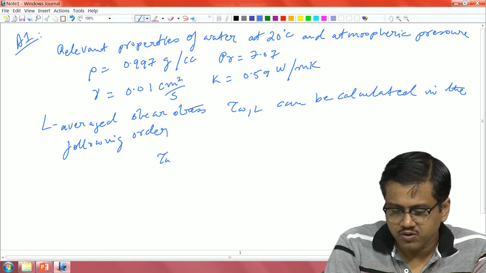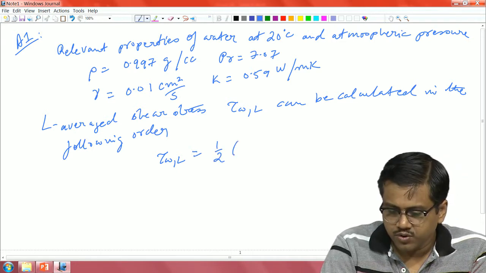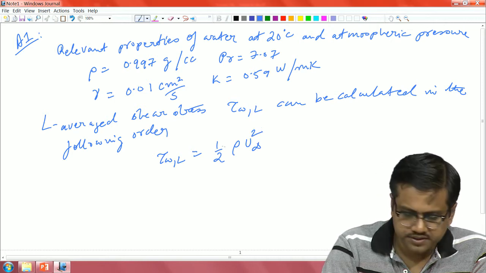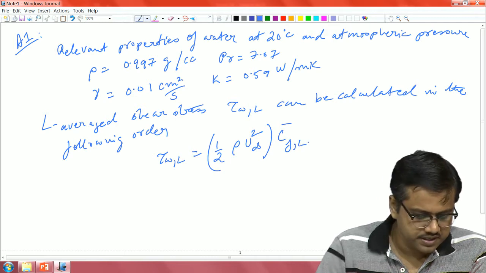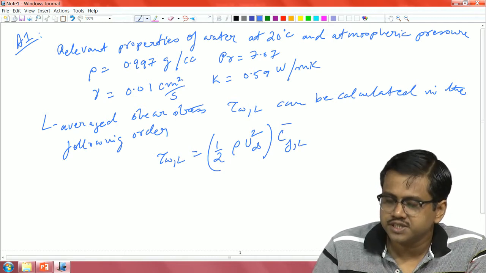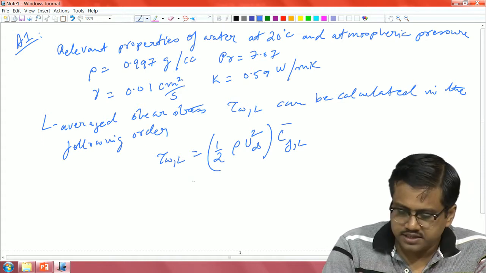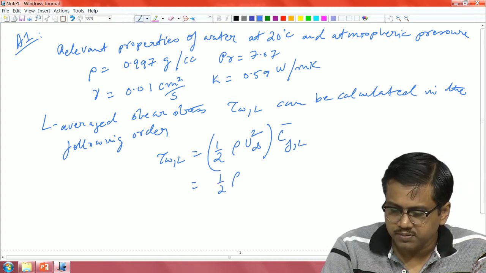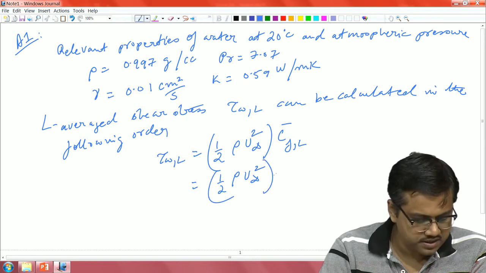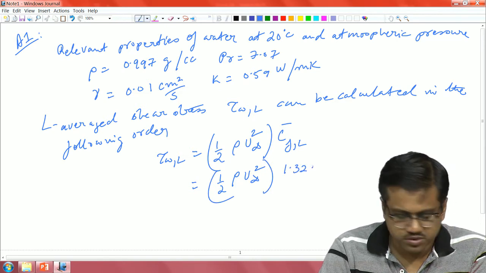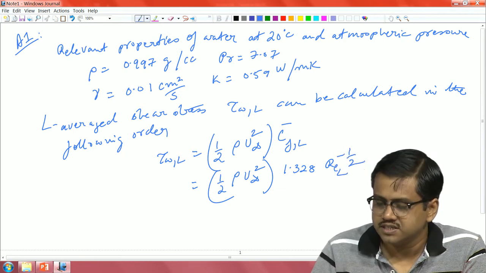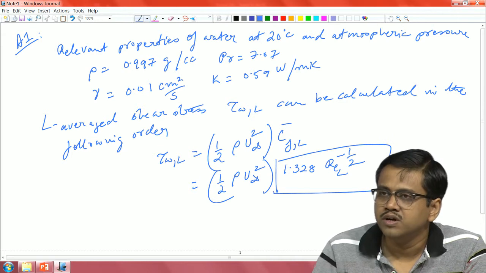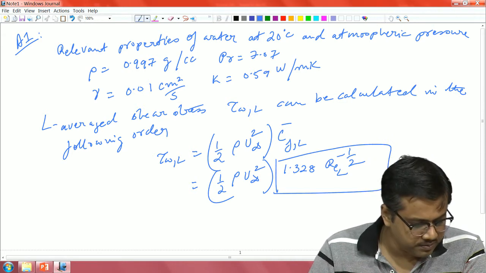Tau L is equal to half rho u infinity square times C_fL, the skin friction coefficient. And we know what the skin friction coefficient is all about: 1.328 Reynolds number to the power of minus half. This is the relationship that you already know from your analysis of a flat plate.